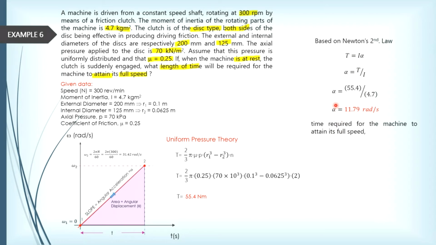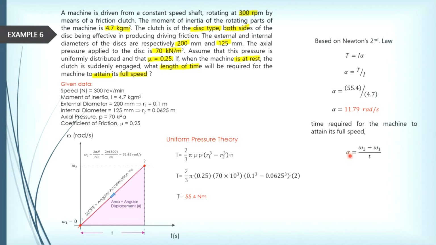Then for the time required, you must remember how to define angular acceleration. By looking at this graph, I think you would know that to find a slope, you take the vertical distance divided by the horizontal distance of a speed against time graph. So this is actually the slope, and this formula can be found by finding the slope of this line. Initially at rest, so your omega 1 should be 0.